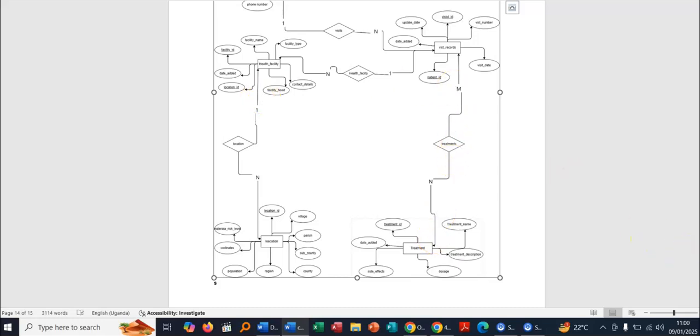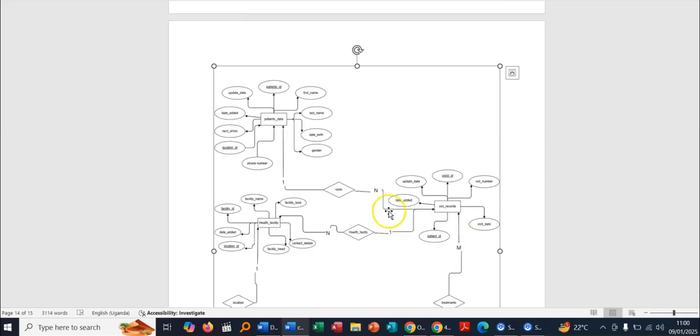Now, at the start, from the patient's data, we had this relationship represented by this diamond, whereby the patient visiting a hospital gives a patient-visit relationship. After the patient visits, the health facility entity with the visiting records is named the health facility relationship.